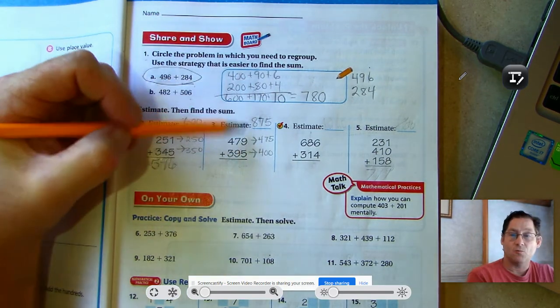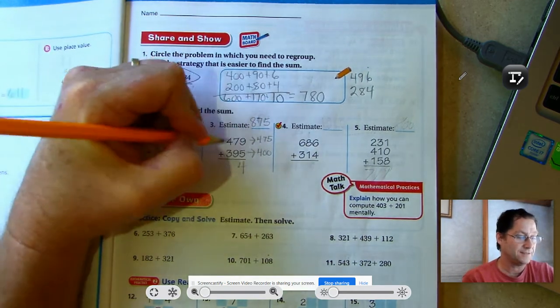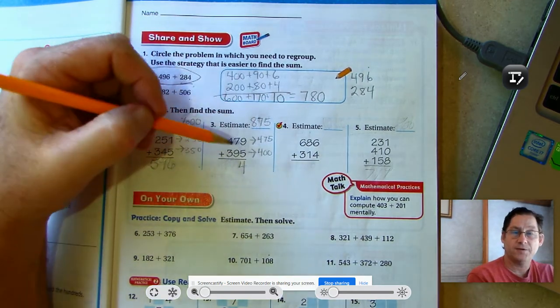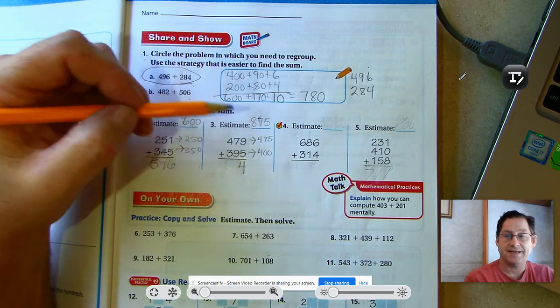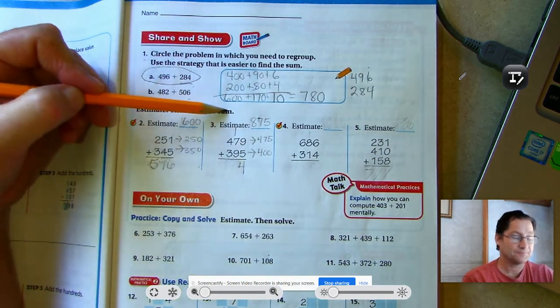Okay, now step 1, add the ones place. We get 14 ones, which means we're going to have to regroup the 14 ones as tens and ones. 14 ones would mean I have one extra 10.